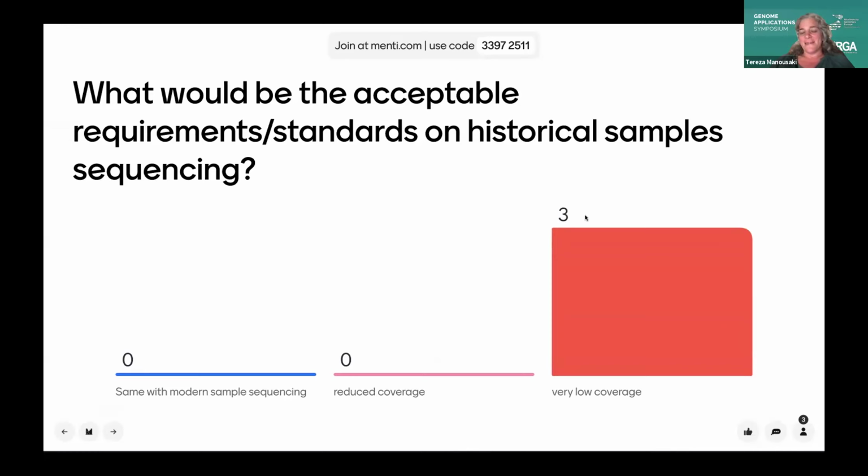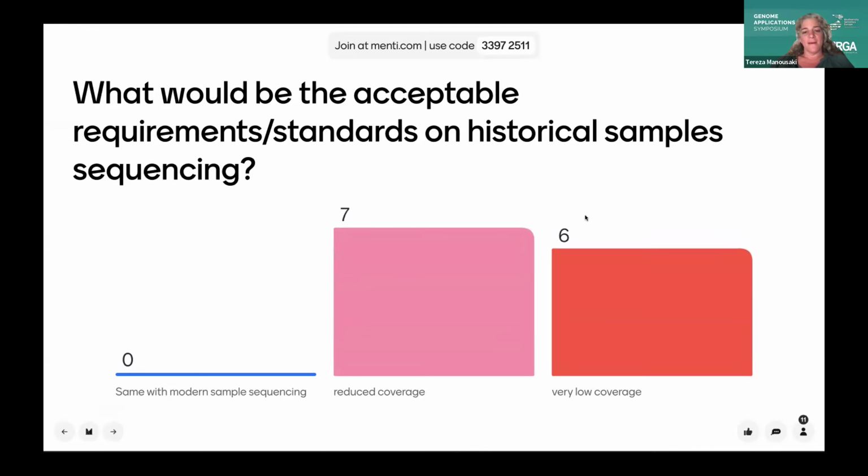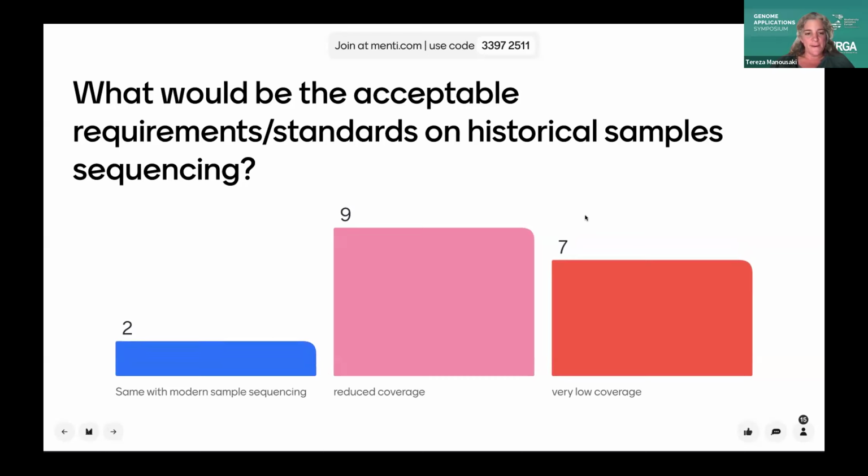Yeah, I guess there are so many challenges that it really makes sense, but the target would be to deal with those challenges and be able to get better sequencing coverage also in the historical samples. There is one very optimistic person. Two. More.